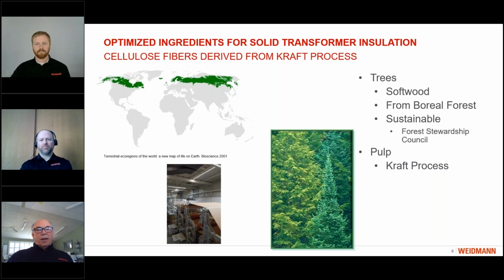And there's a pulping process called the Kraft or sulfate process, and this is the best process. It's the most gentle on the fibers, and again maintains this long length. So 2 criteria: softwood trees from boreal forests, and then the cellulose fibers are derived using the Kraft process. Next slide, please.